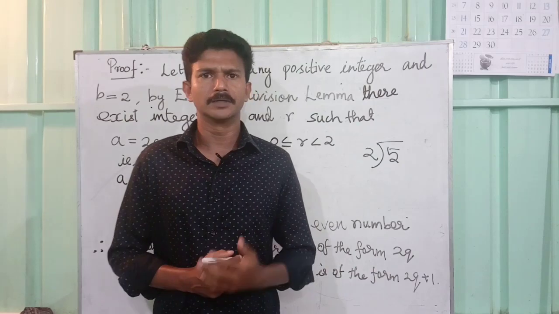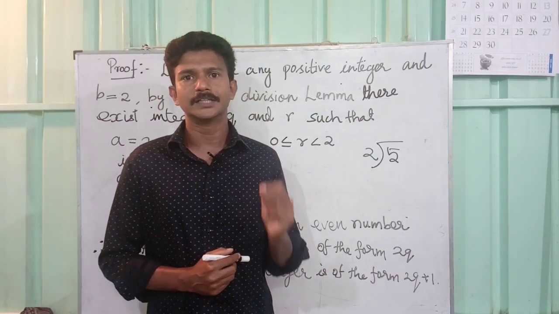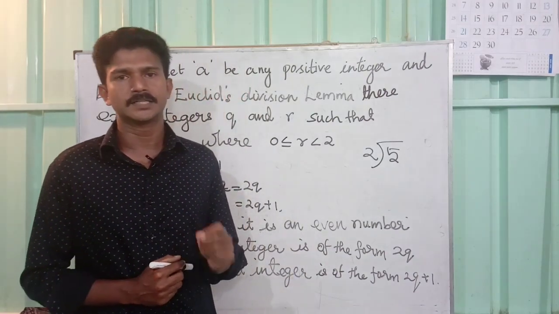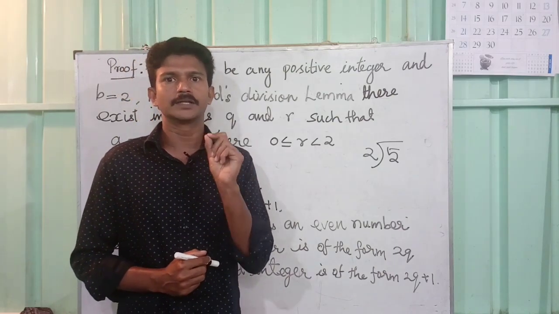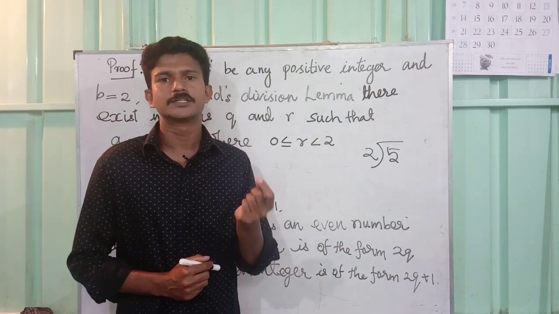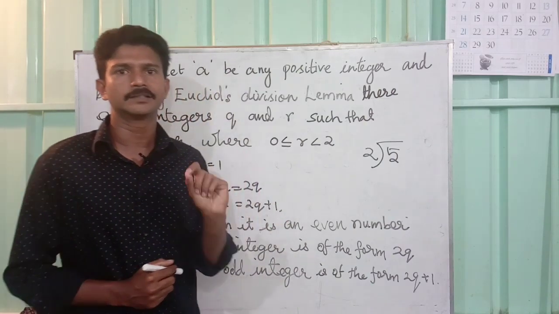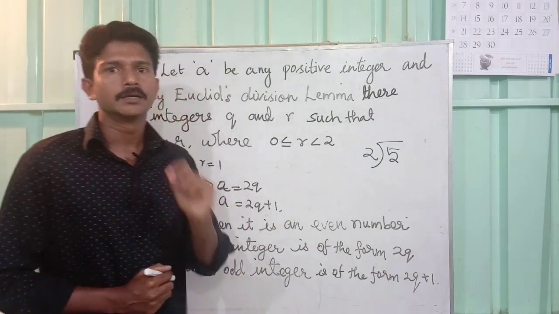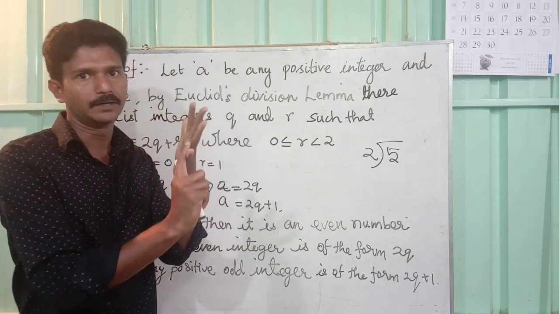In Euclid's division lemma, what it says is, if there are two numbers a and b, there exist unique integers q and r such that a is equal to bq plus r. When two numbers a and b are given, there exist other integers, quotient and remainder. We can write that in the format a is equal to bq plus r, right? First, what are the things we need? a, b, q and r, right?